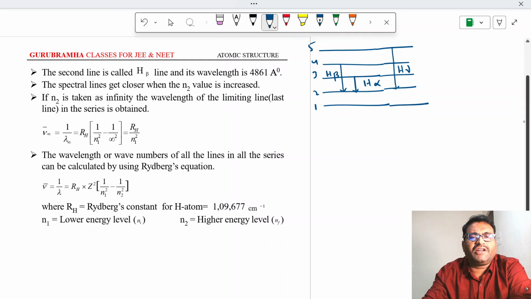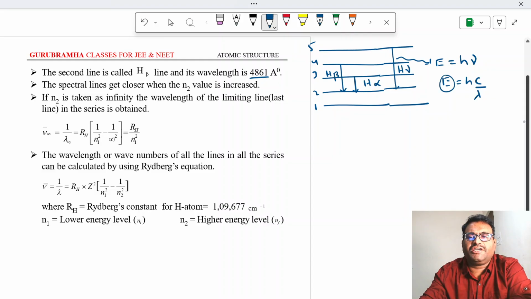So for every spectral line, there will be some energy associated. For this energy, E is equal to h nu, or E is equal to hc by lambda.